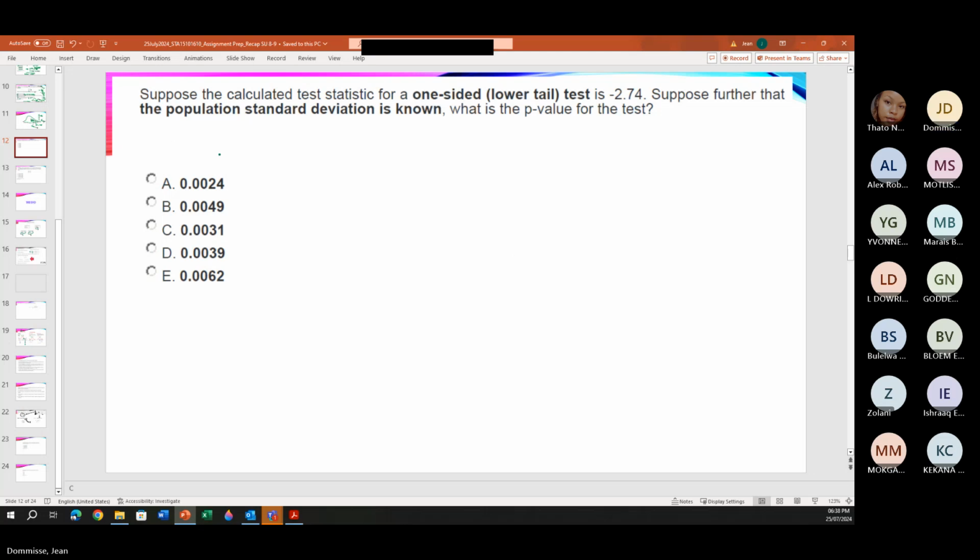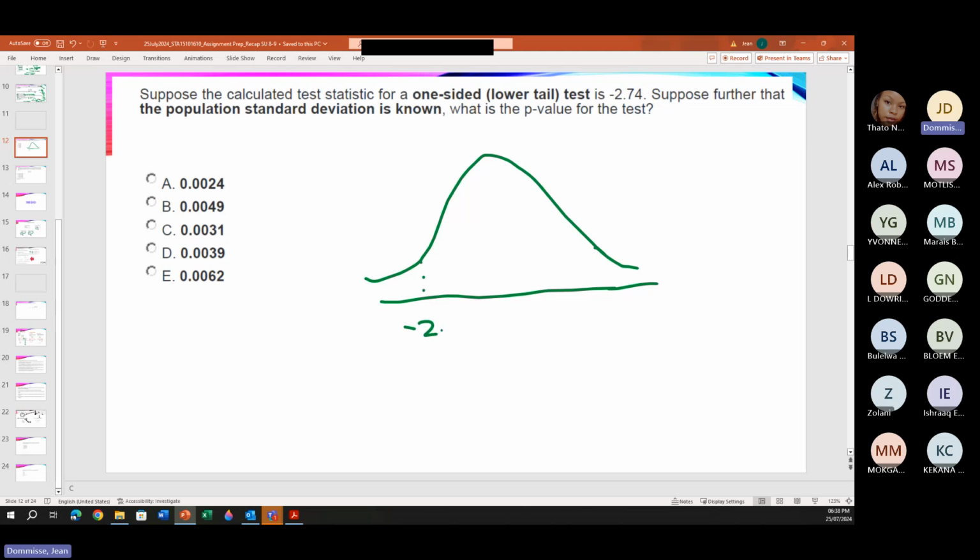Okay, so then let's look at again a slightly different phrased question. So suppose the calculated t-stat for a one-sided lower tail test is minus 2.74.